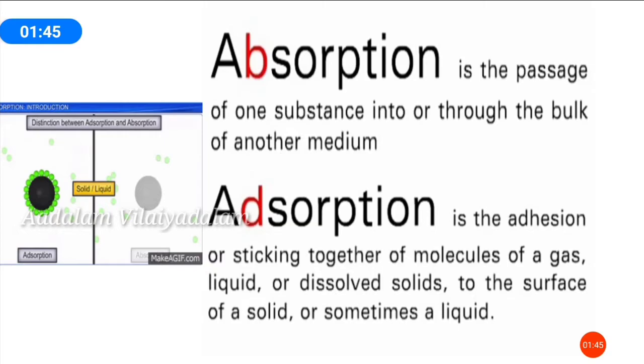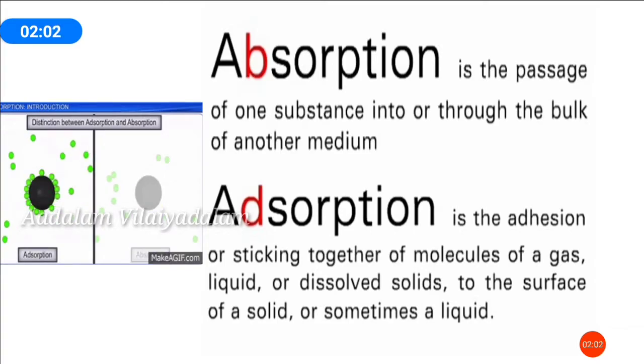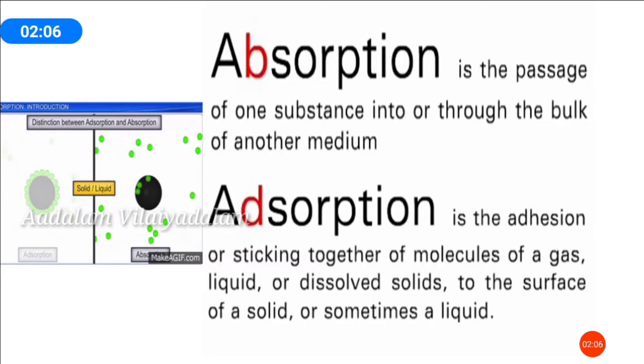Before we see the chromatography technique, we must know the terms absorption and adsorption. Absorption is the passage of one substance into or through the bulk of another medium. For example, roots absorb water from the soil. So water is absorbed by the root system into the root.